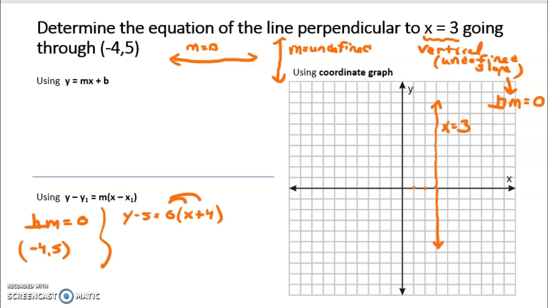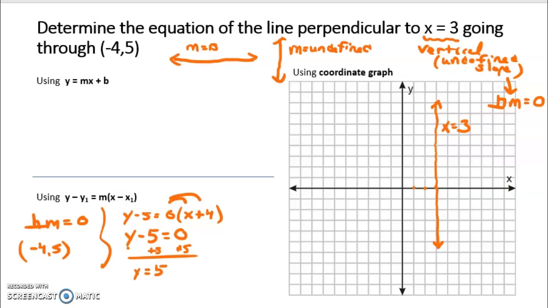Now right here, and don't be nervous about it, it just happens sometimes. 0 times both those terms, if you distribute it, what happens? You're going to get 0x plus 0, or just 0. So there's no x term here. So to solve for y, you're just going to do your inverse here. You're going to plus 5 to the other side. So y is equal to 5.